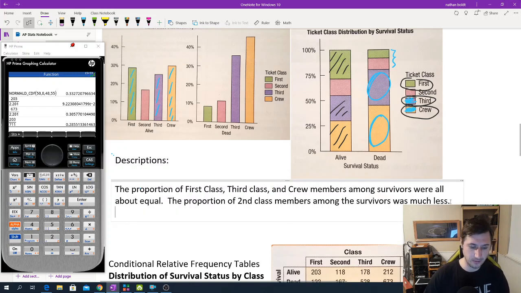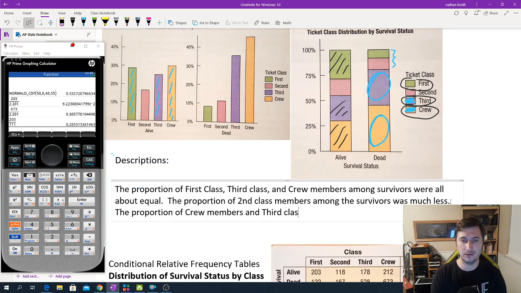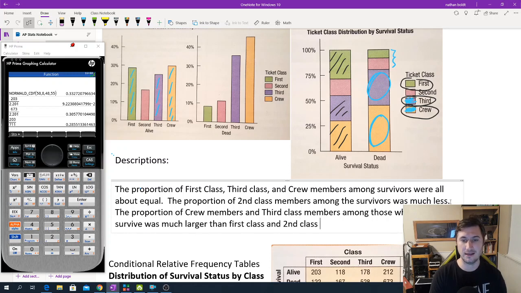Period. So the proportion of crew members and third class members among those who did not survive was much larger than first class and second class.